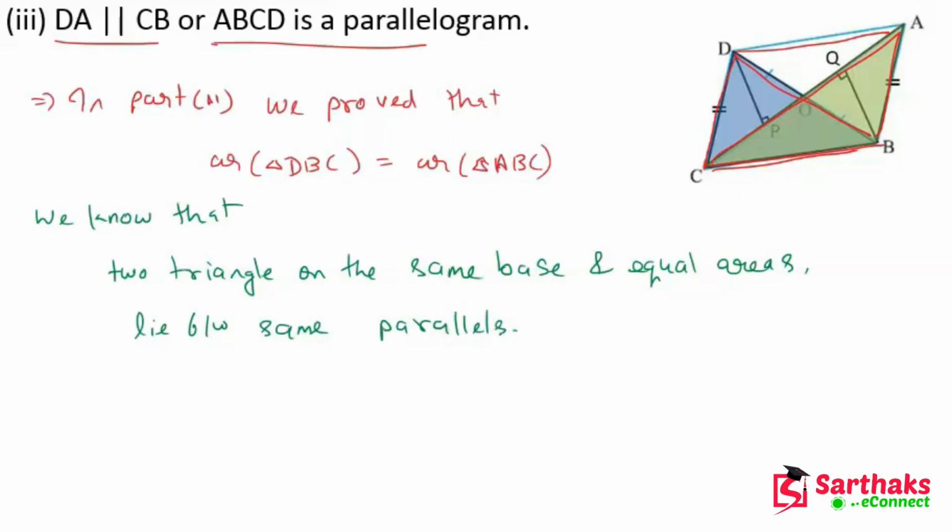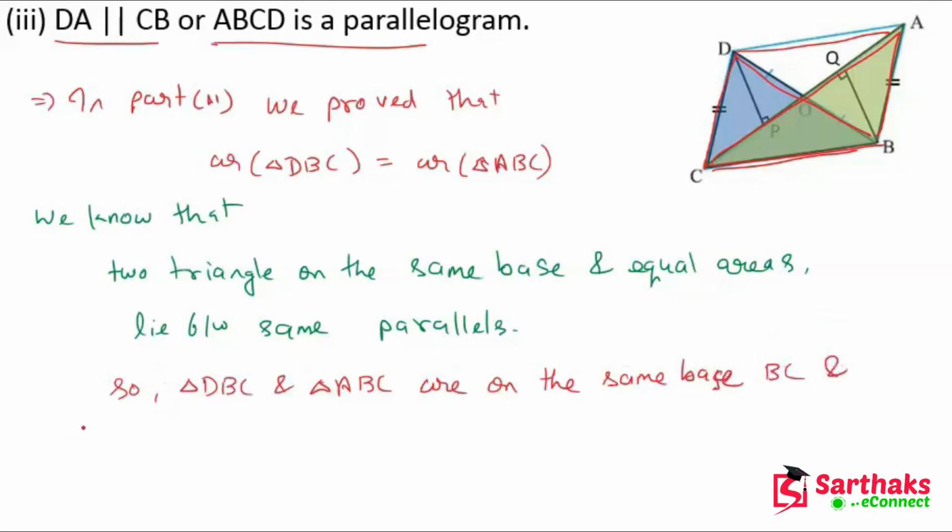So triangle DBC and triangle ABC are on the same base. Same base is what? Same base is BC, and they are equal in area.